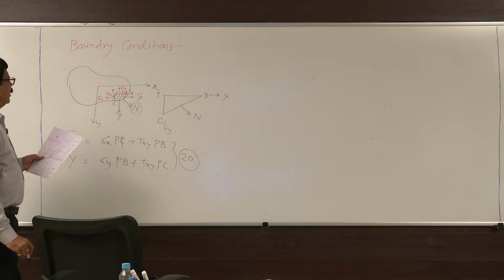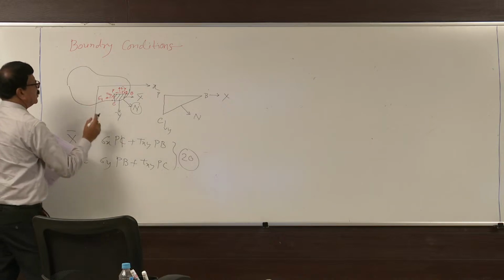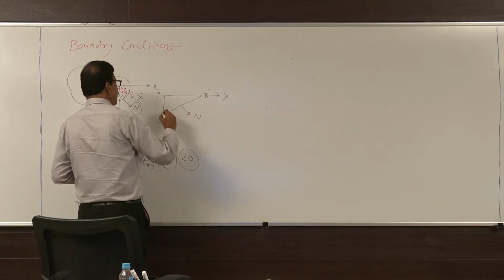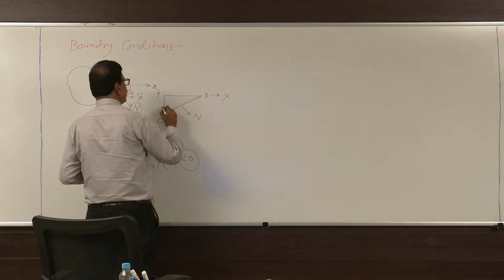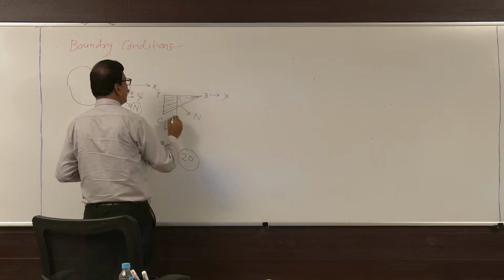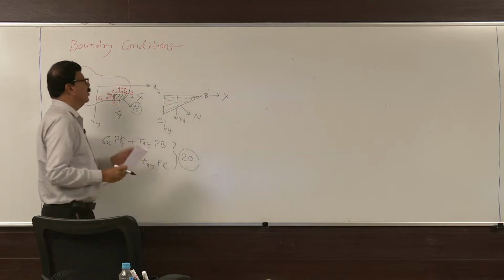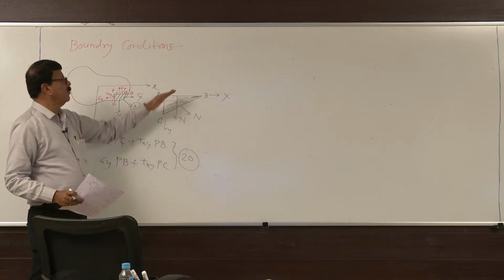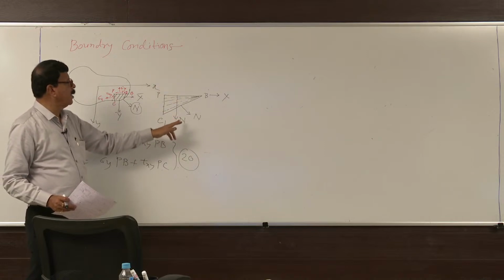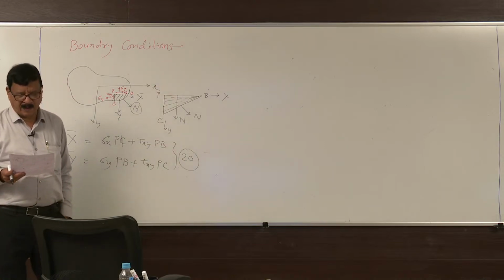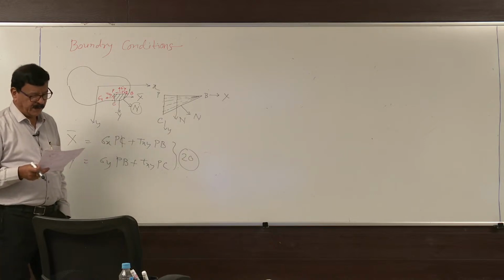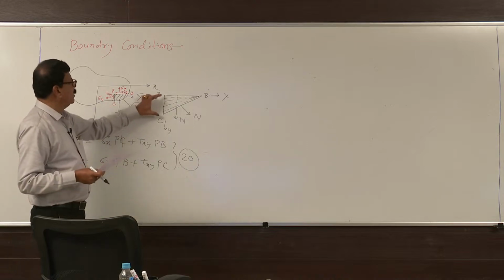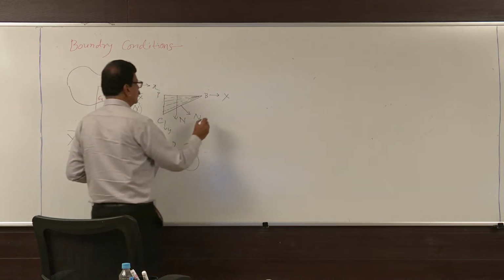If you want to take n parallel to the y axis, we rotate the side PC like this, and finally PB is parallel to the x axis. So n becomes like this, which means PC is equal to 0.